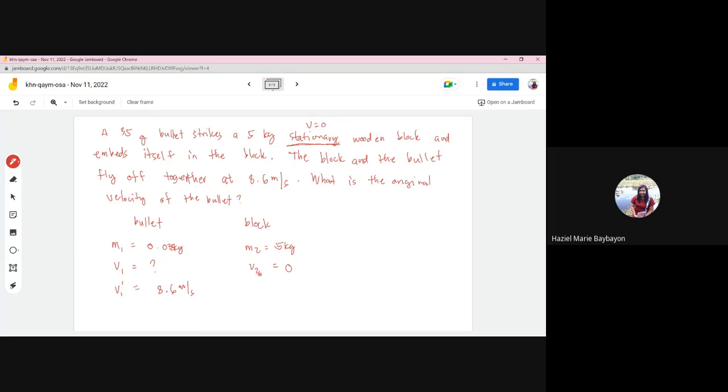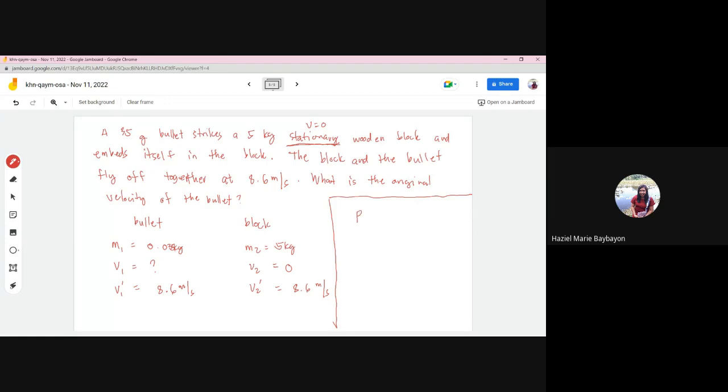Okay? So V2 is equal to 0, and the final velocity of the block is also equal to 8.6 meters per second. Now, in order to calculate the initial velocity of the bullet, we need to use the conservation of momentum.